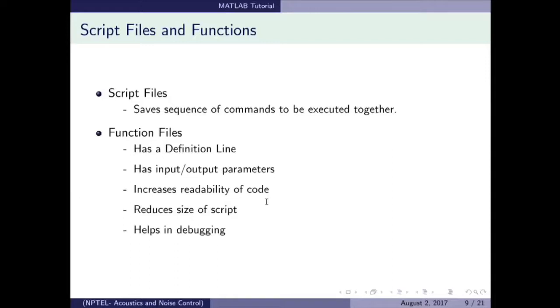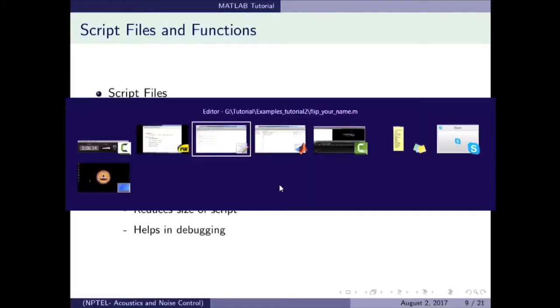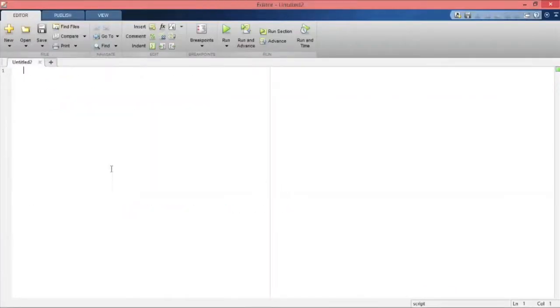Here are some of the advantages of using functions in your code. They increase the readability of the code, they reduce the size of the script, and they also help in debugging. So let's see a few examples of functions. Let's revisit our first script file in which we calculated the distance between 2 points.